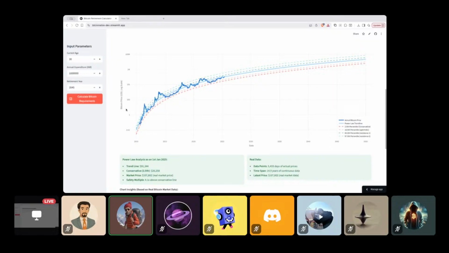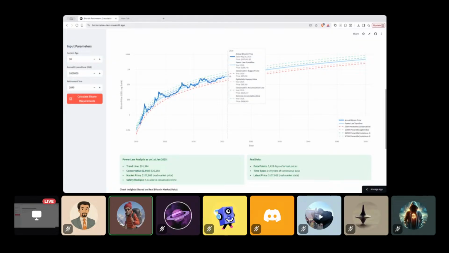So if you put in Bitcoin's price and then try to model it using power law, what you will get is this light blue line that cuts through the price of Bitcoin itself.